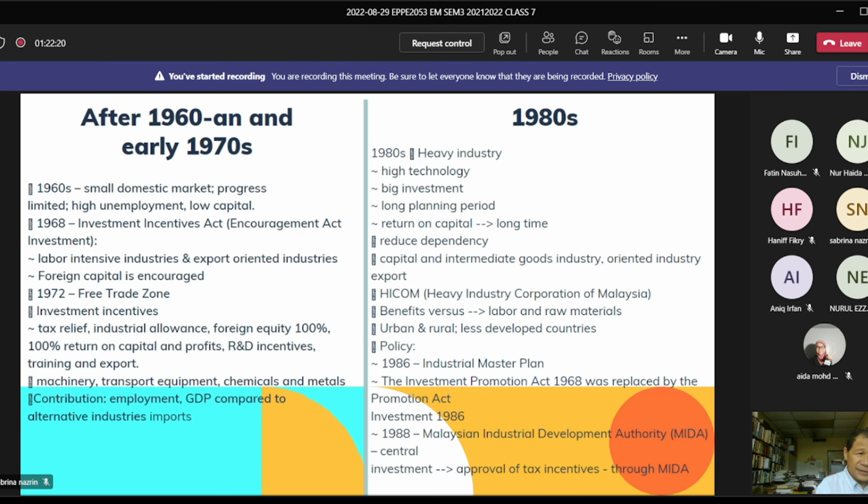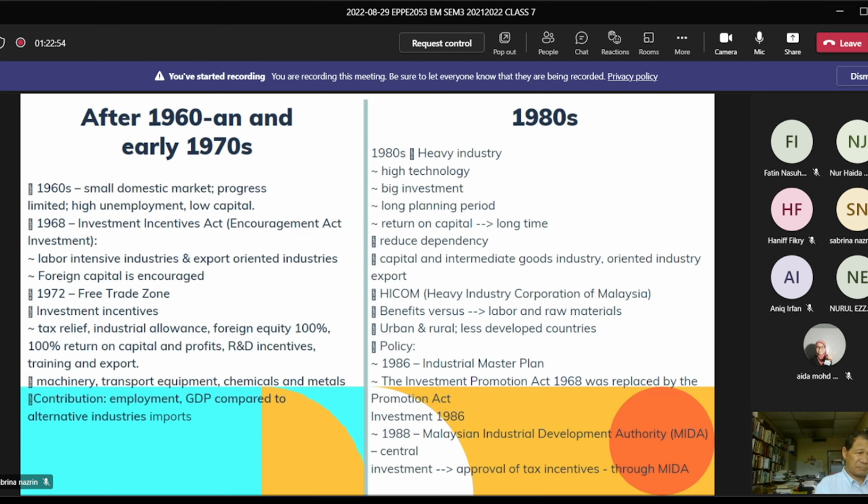And then 1968, the IIA was to promote import substitution companies or firms. The policy was import substitution in labor-intensive industries. Why labor? Malaysia had a lot of labor at that time, so this would create jobs for the people.